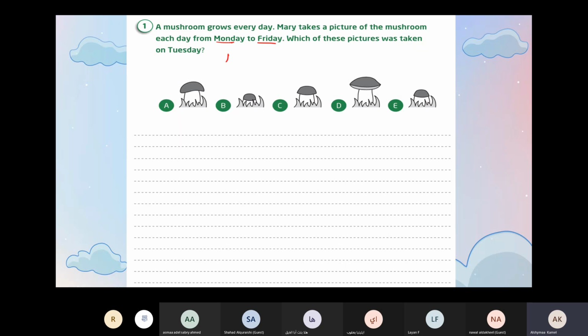She starts on Monday. She takes pictures on Monday, Tuesday, Wednesday, and Friday.